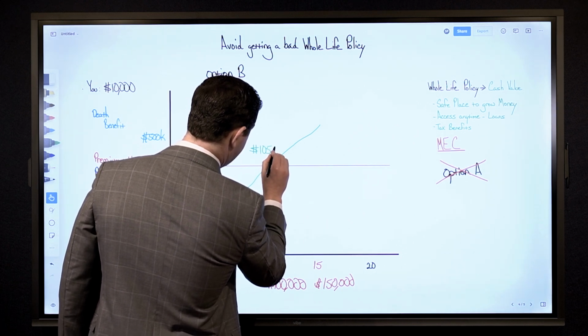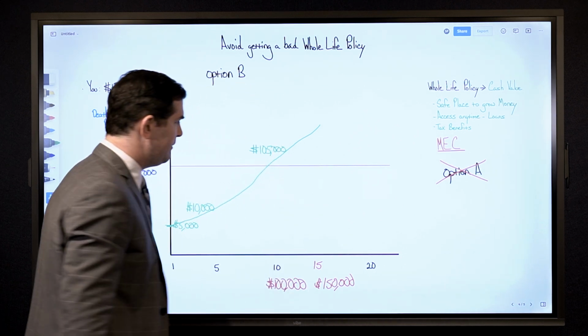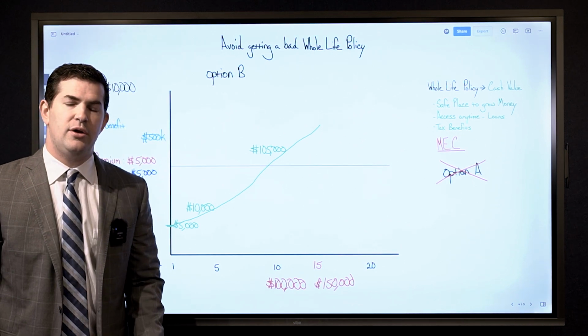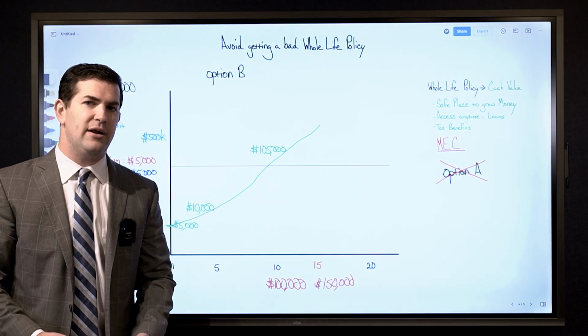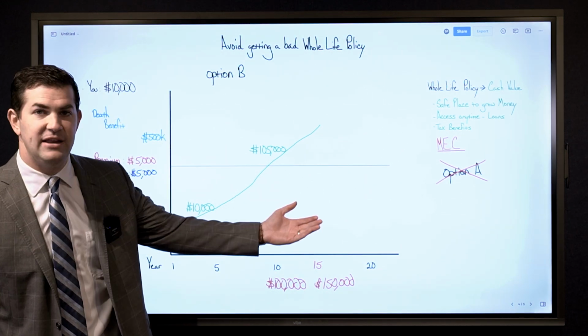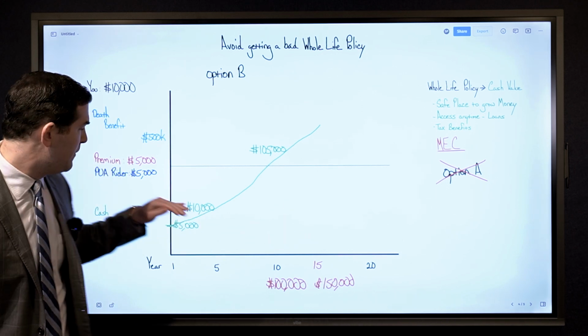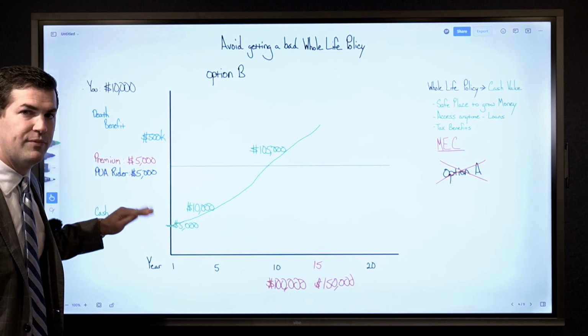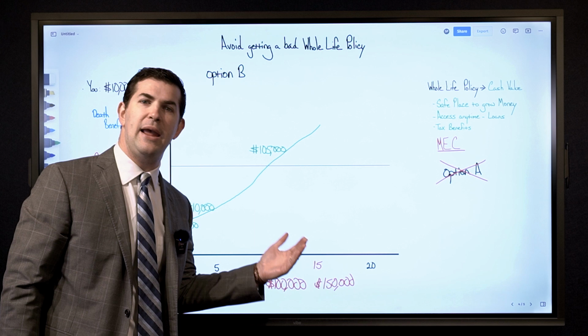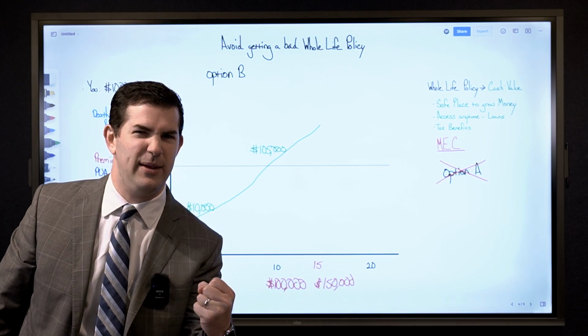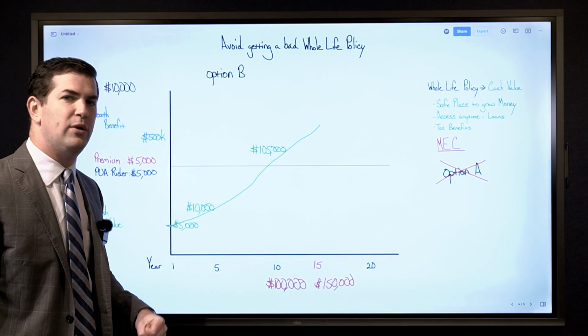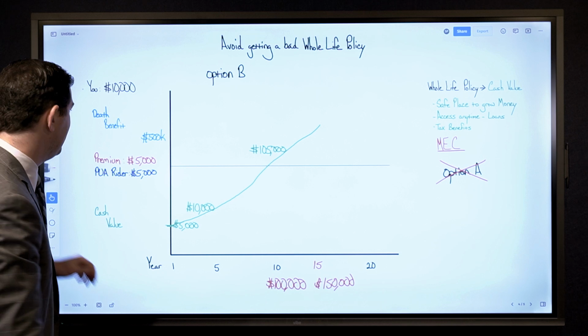Might be closer to 105. The point is, you have more money than what you paid into the product. It didn't take 15 years just to get your money back. By reducing the premium and putting more money toward this paid up additions rider, or a cash dump in, I like to refer to it as, we now have more money showing up in cash value.